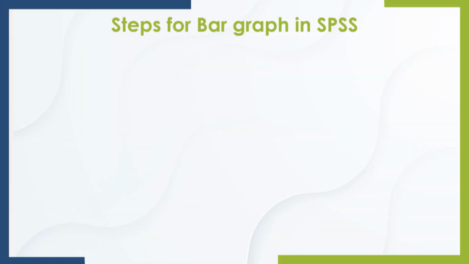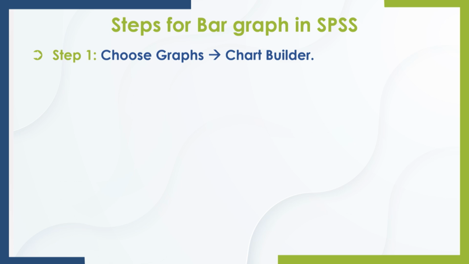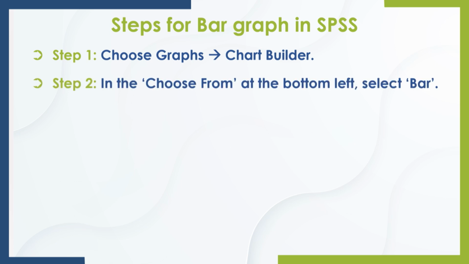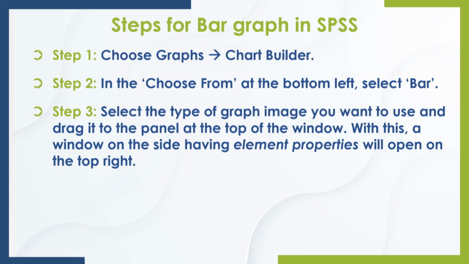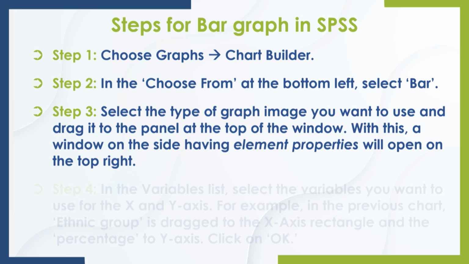Steps for making bar graphs in SPSS. The first step is to choose Graphs, then select Chart Builder. In the second step, in the Choose from list at the bottom left, select Bar. Step 3, select the type of graph image you want to use and drag it to the panel at the top of the window, after which a window on the side having Element Properties will open on the top right.